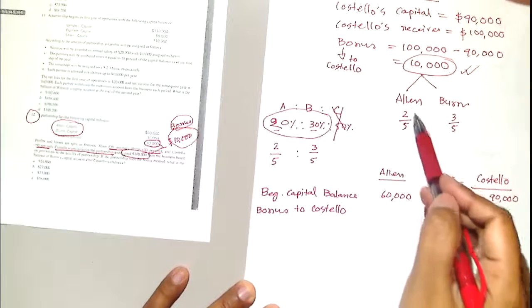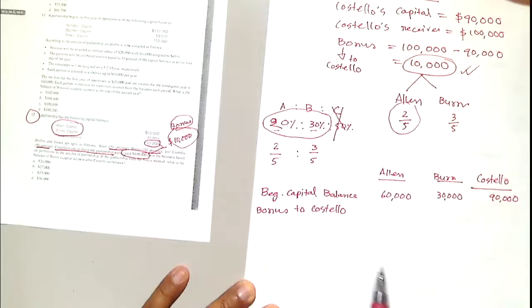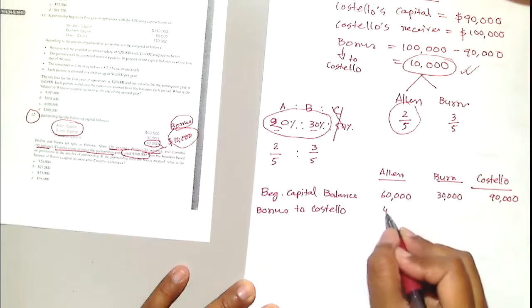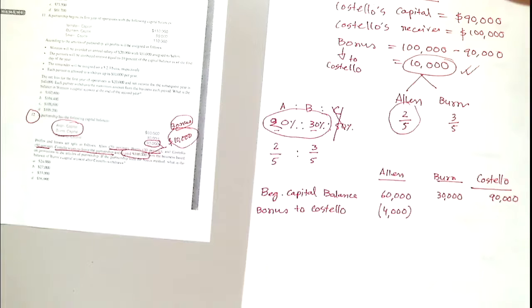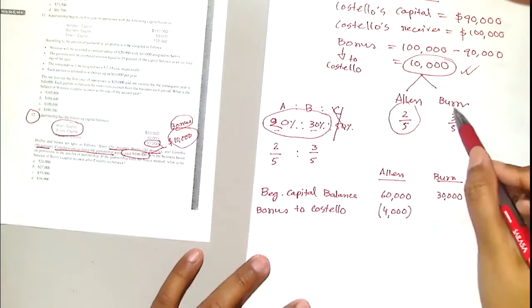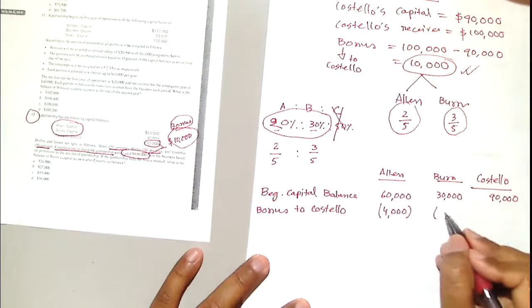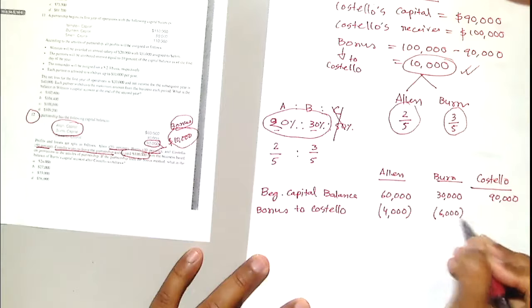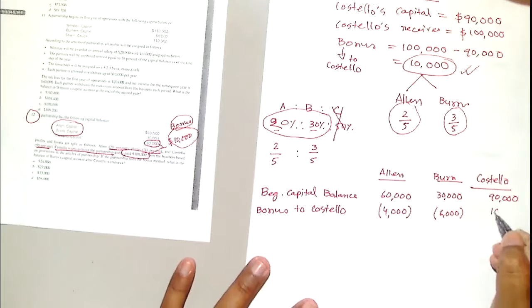So Allen will bear how much? Take 2/5 of $10,000. How much? 4,000. Since they are paying to Costello, we need to subtract that. Barnes will bear 3/5 of $10,000, which is 6,000. So these two guys are paying in total $10,000 to Costello. So Costello is getting this bonus.